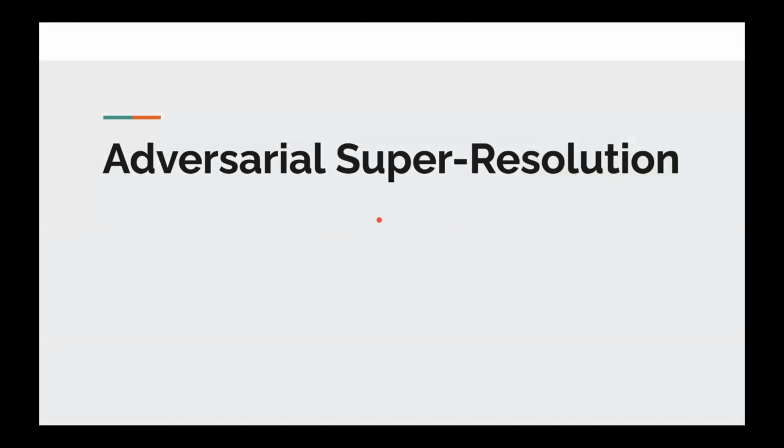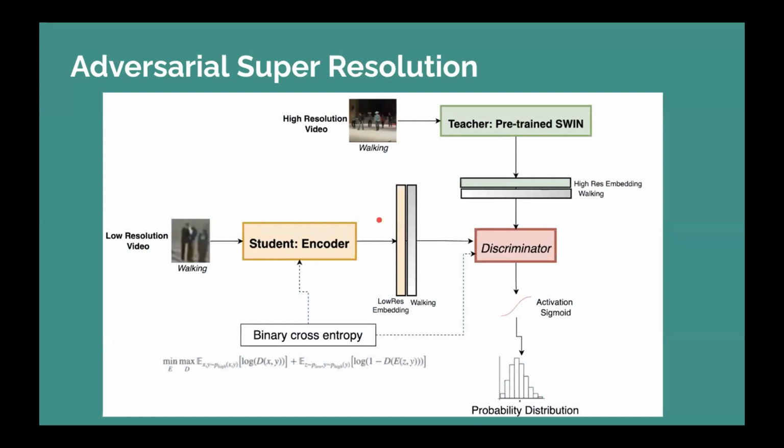So our proposed method is an adversarial super resolution pipeline, which is our basic first pipeline that we started off with. And we experimented with this pipeline with a few variations in it. So I'll quickly go over the high level flow of the pipeline. We start off with a pre-trained VideoSwin network, which is pre-trained on a high resolution dataset like Kinetics 400.